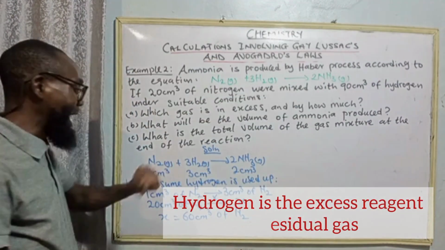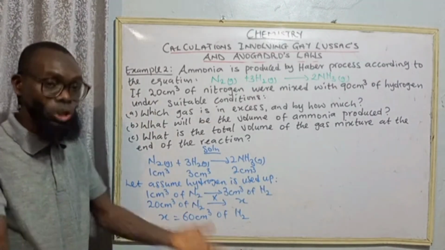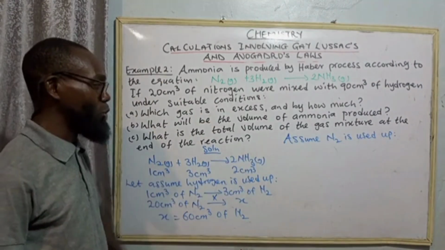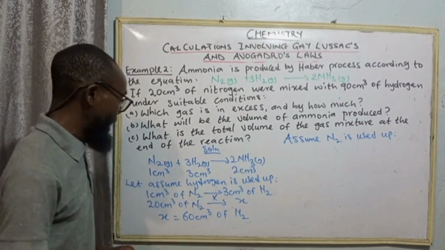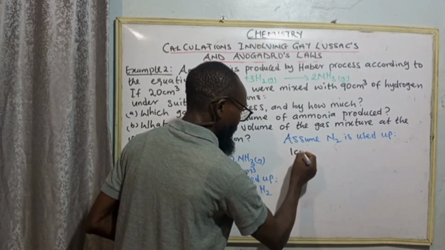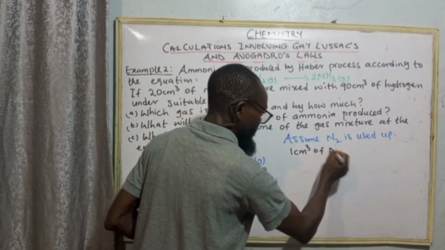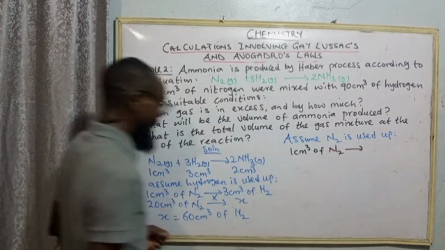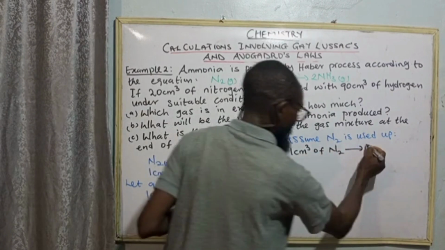Now, let us assume that nitrogen is used up. If we assume that nitrogen is used up, 1 cm cube of nitrogen combines with 3 cm cube of hydrogen.